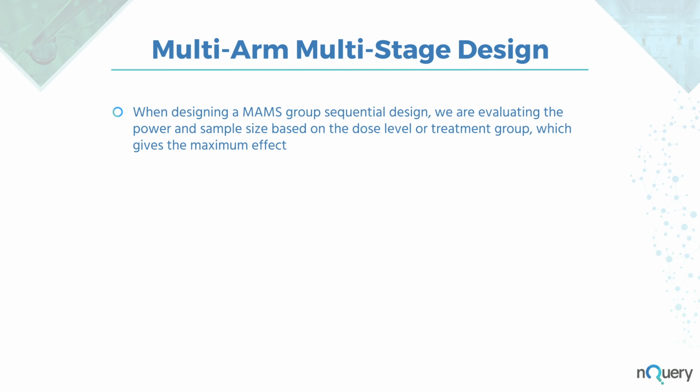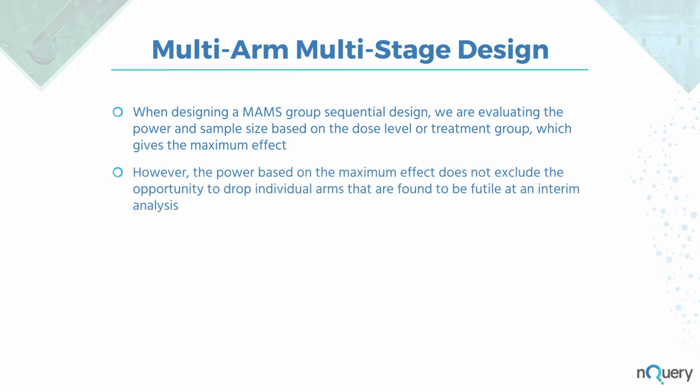In practical terms, when designing a MAMS group sequential design, we are evaluating the power and sample size based on the dose level or treatment group which gives the maximum effect. However, the power based on the maximum effect does not exclude the opportunity to drop individual arms that are found to be futile at an interim analysis.